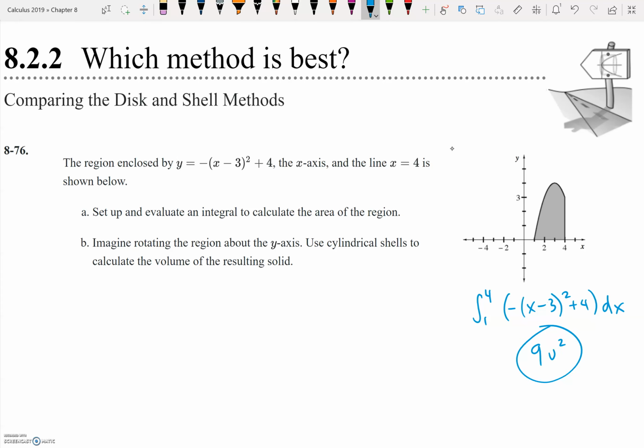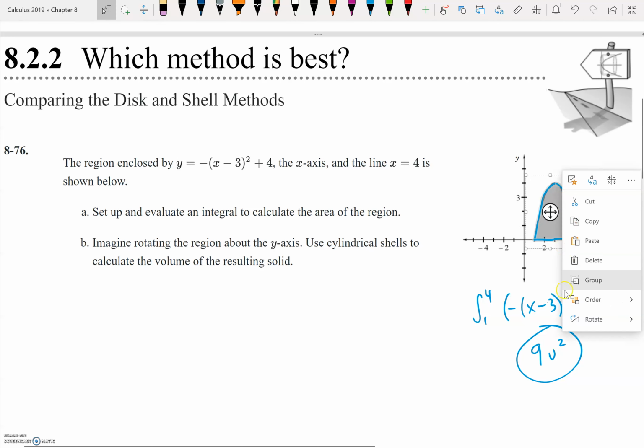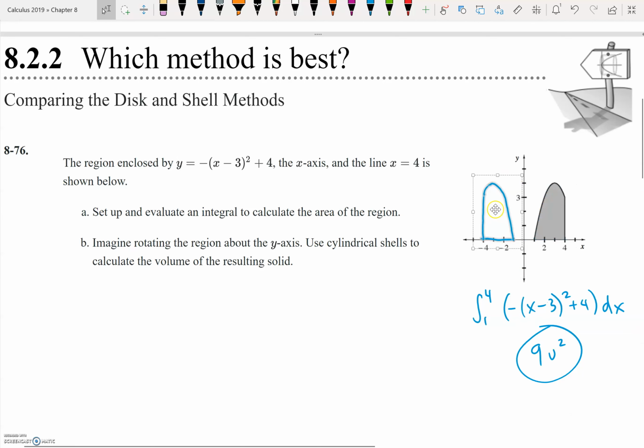All right, then it says, imagine rotating this region around the y-axis. We're going to go ahead and sketch what that looks like. So I'll take this guy, and we're going to rotate it around the y-axis. So we'll get something that looks like this.